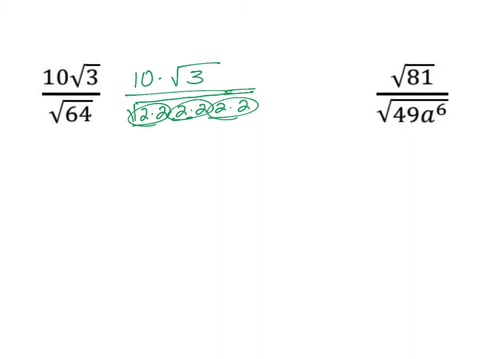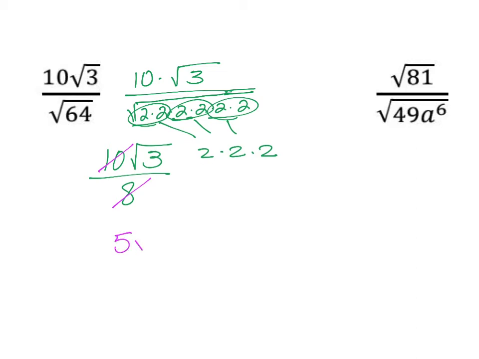So then in the numerator, I'm left with 10 times the square root of 3. And the denominator, I'm left with 2 times 2 times 2, which is 8. Now, of course, I have a fraction here that can be simplified by 2. So when I do that, I end up with 5 times the square root of 3 over 4. This is as simplified as we can get it.